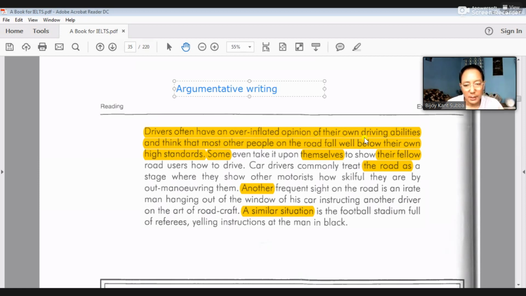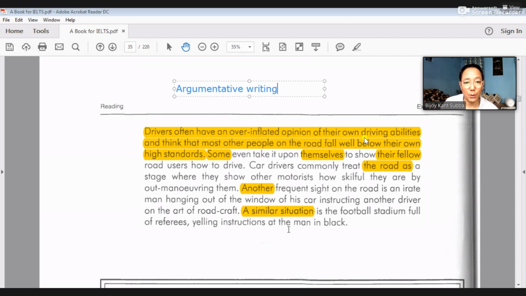But here, what the author is trying to say is that drivers think they are the very best, every driver thinks, and he's trying to convince us. So how is he trying to convince us? He's trying to convince us by providing a sentence and more examples. So examples help to further support, and to solidify the author's contention.